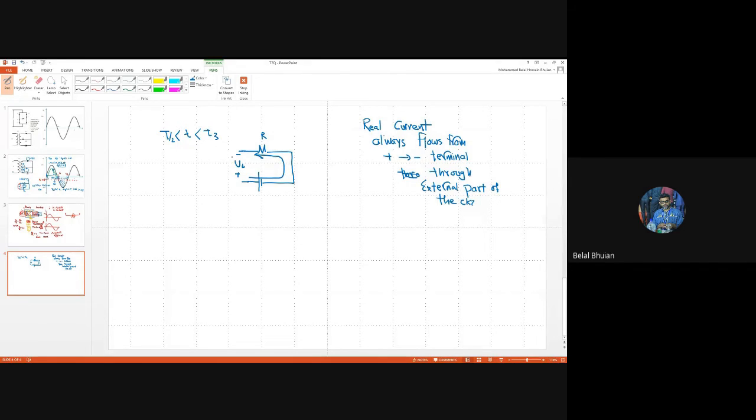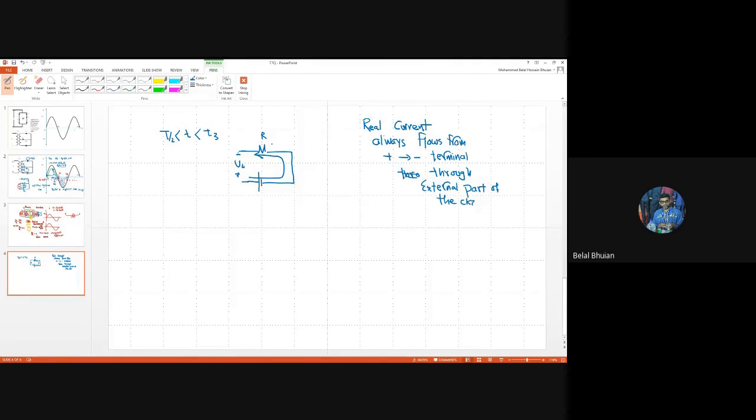So this is the source and this is the external part of the circuit. I can assume any direction for the current, but if you want to go for real, this is the real current. So this is the real current.